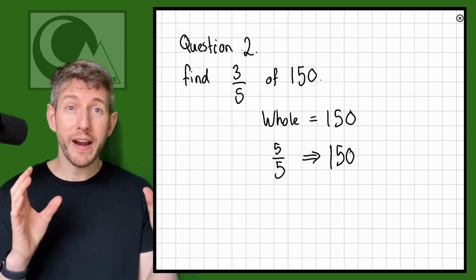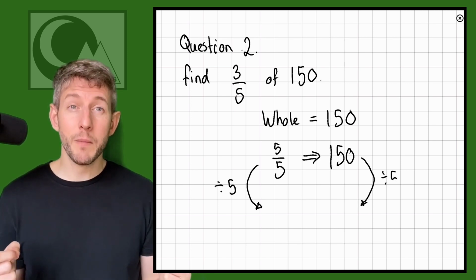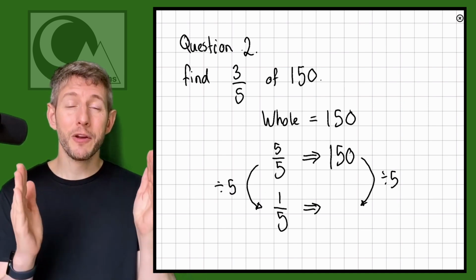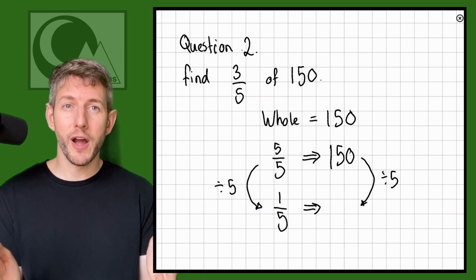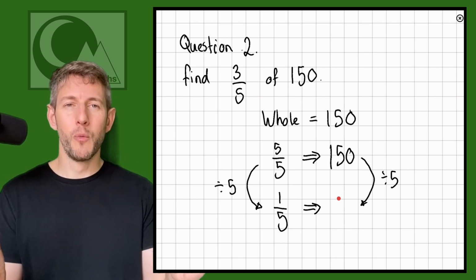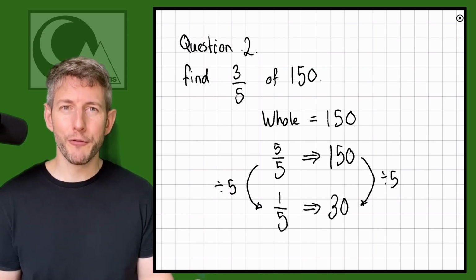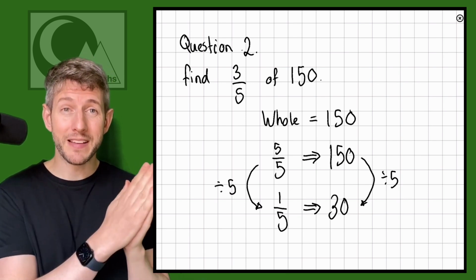Remember that this is directly proportional. So if we divide both of these numbers by 5, we will find out 1/5. 5/5 equals 150, divide both sides by 5, we get 1/5, which is 150 divided by 5, which is 30. So there we have it, 1/5 is 30.